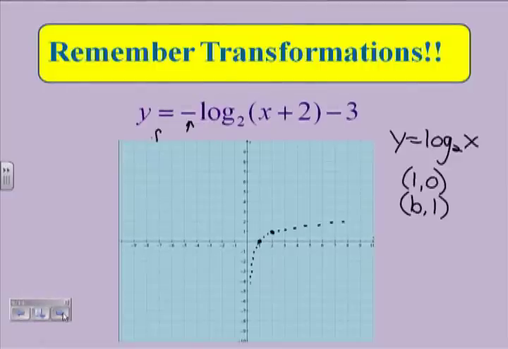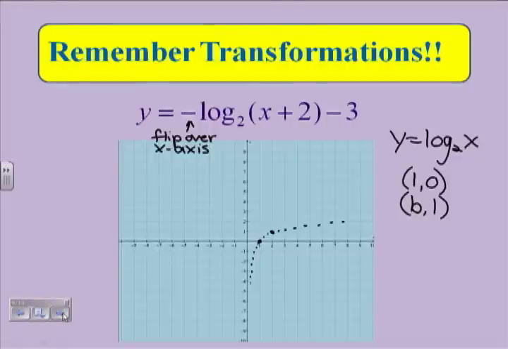So this will flip over the x-axis. Then we have the 2 and the 3, and those are the horizontal and the vertical shift. The 2 is in parentheses with x, so he's horizontal, and 3 is outside, he's vertical.